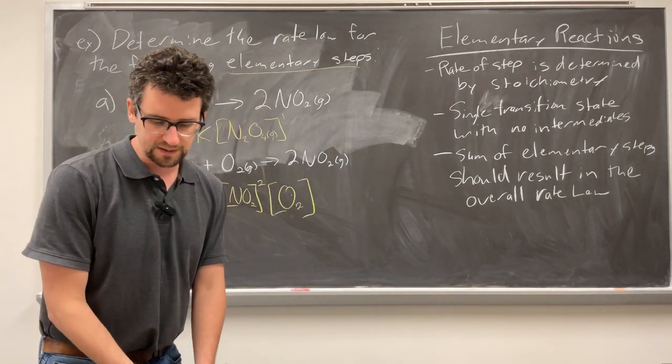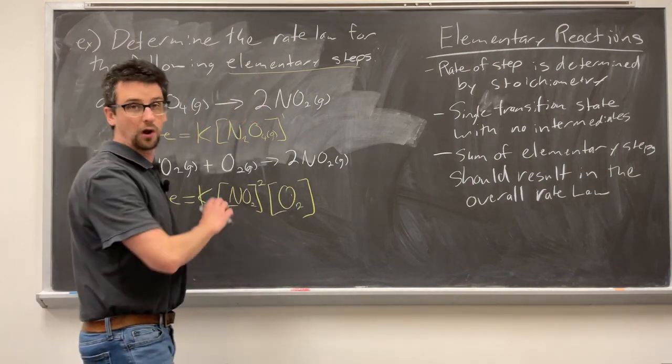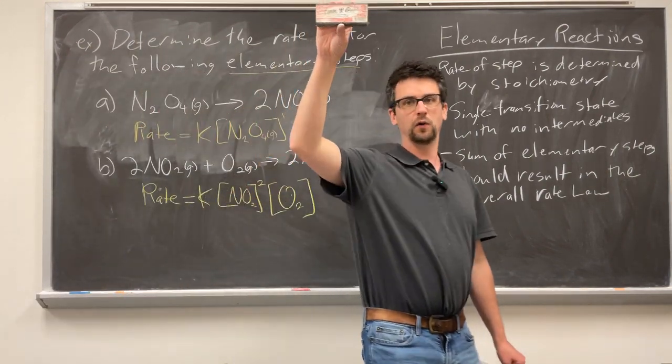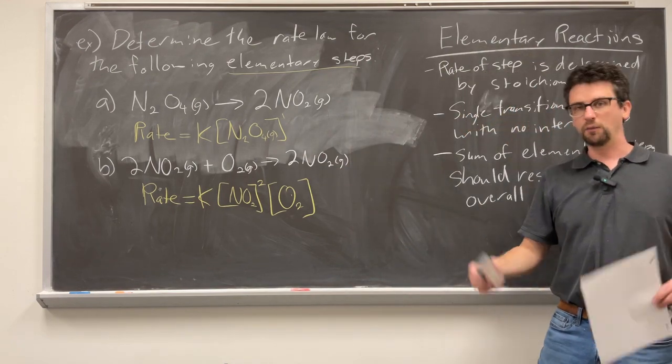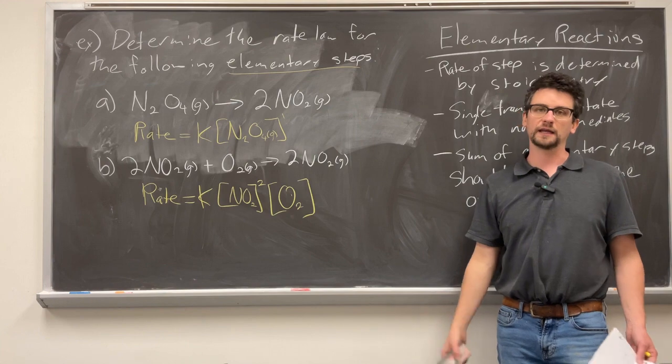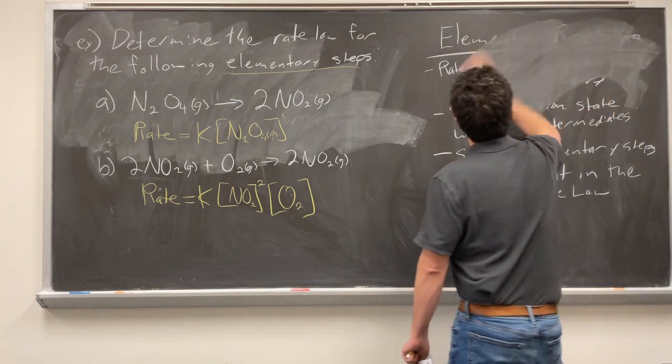Okay, let's look at an example where we consider an overall reaction. We break that overall reaction into individual elementary steps, and we consider what the rate laws would look like depending on the speed of those elementary reactions.